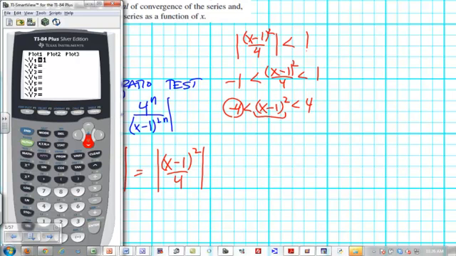And I want to look also at the function (x minus 1) quantity squared divided by 4, and just look at those two things simultaneously.